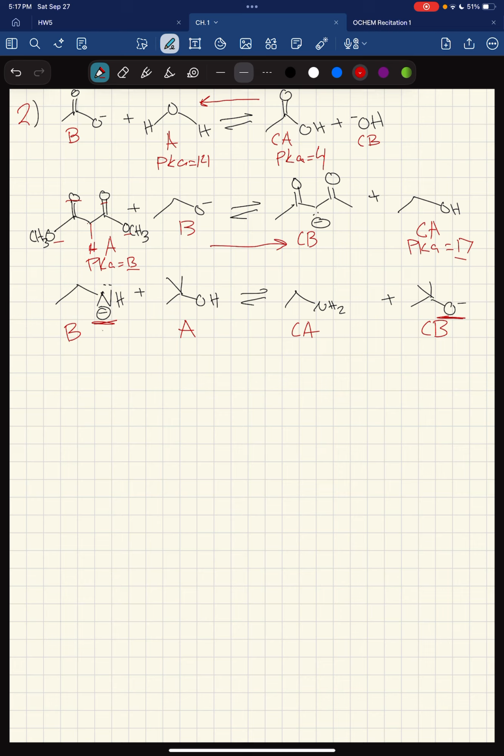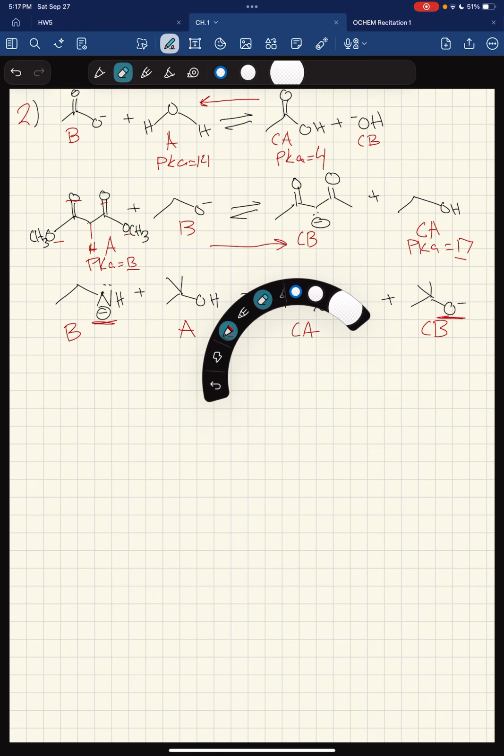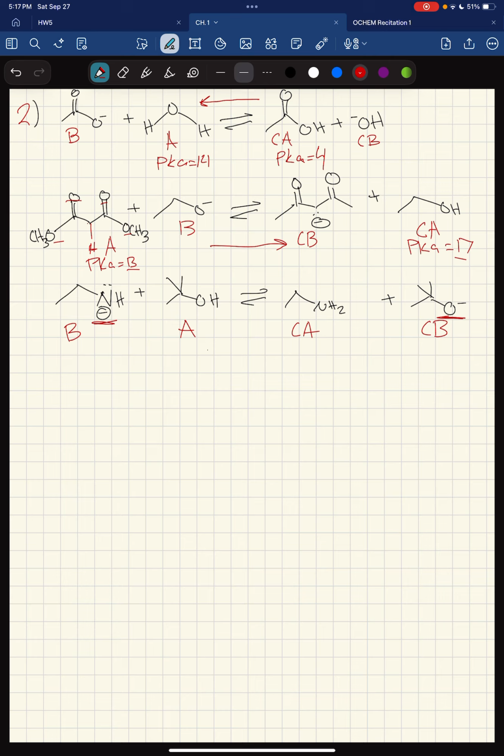So this is going to be more basic than this molecule right here, the negatively charged oxygen. And just using that, you can determine that equilibrium will lie that way, because this is a weaker base, this is a stronger base, and you always want to go to the weaker base, weaker acid.